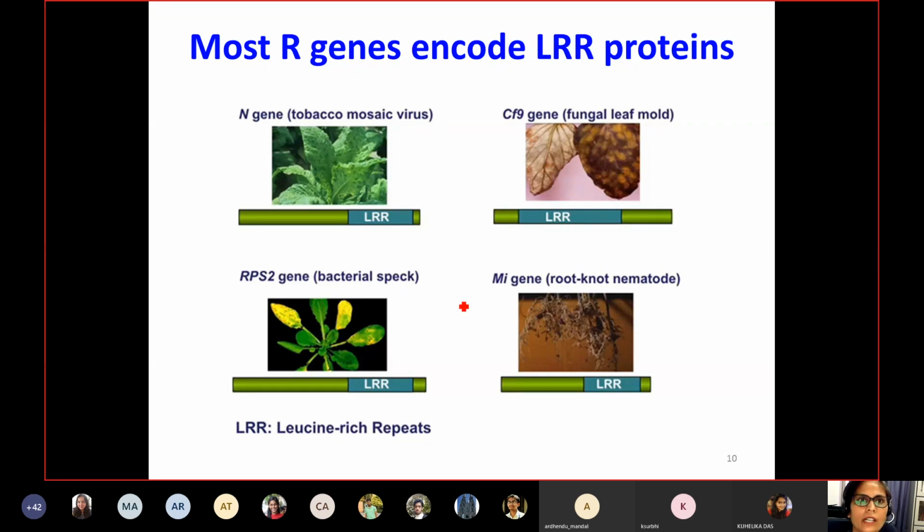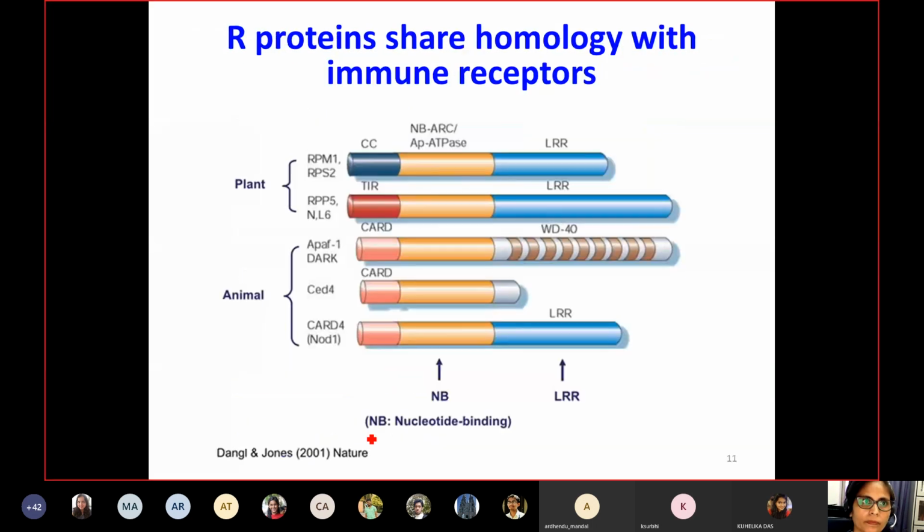They all had a certain kind of repeats, for example, leucine rich repeats. And when they checked in the database how these repeats are formed, they found some animal proteins, for example NOD1, which also has an LRR region, and they compared that they all had the LRR region.